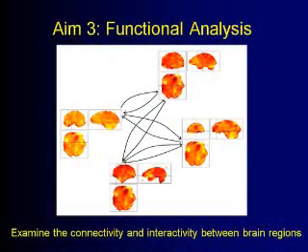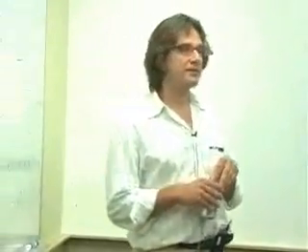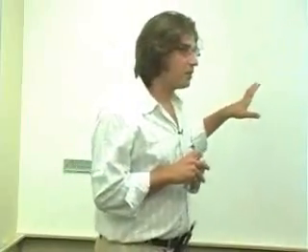So now, the third thing that I want to talk about until we kind of all drop is the connectivity and interactivity between brain regions. And I can tell you a priori, this is not the best way to do classification. The stuff I talked about before does better. But this is interesting. Why?